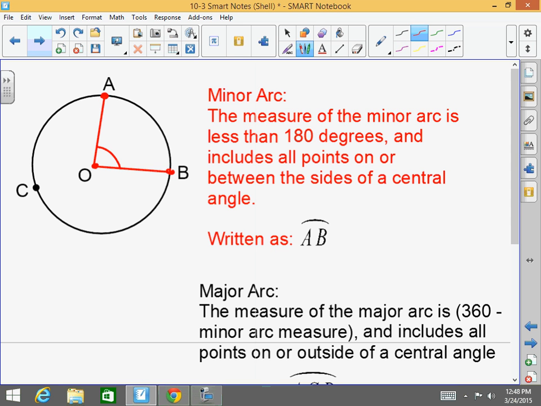The A and the B, when connected, creates this arc. Since this central angle is less than 180 degrees, the arc is less than 180 degrees, and therefore it is called a minor arc. And that is how you would write a minor arc. It consists of 2 points creating that arc.